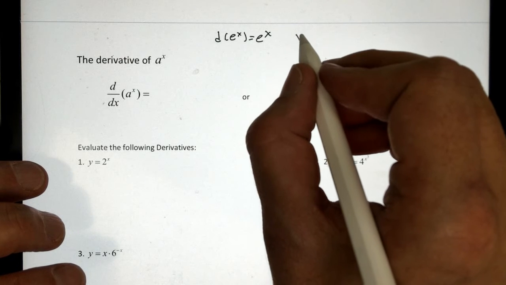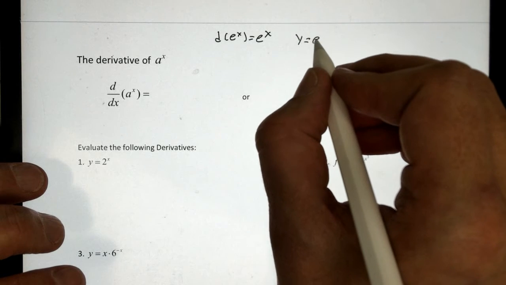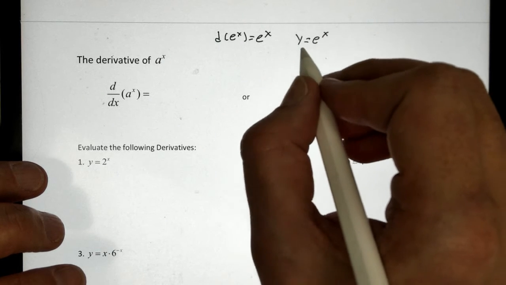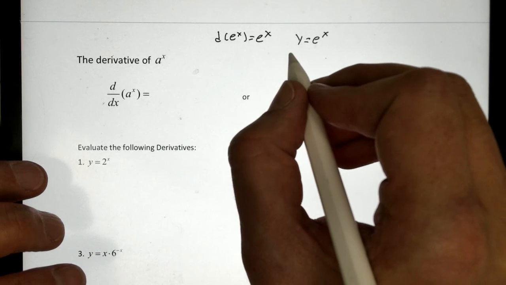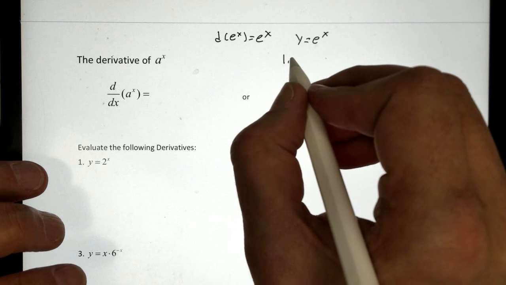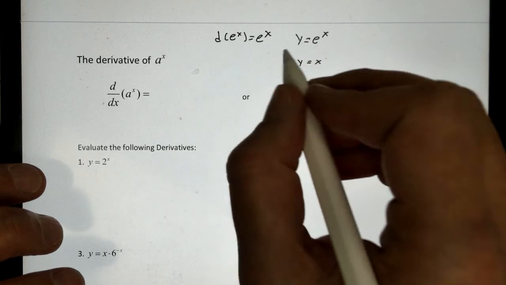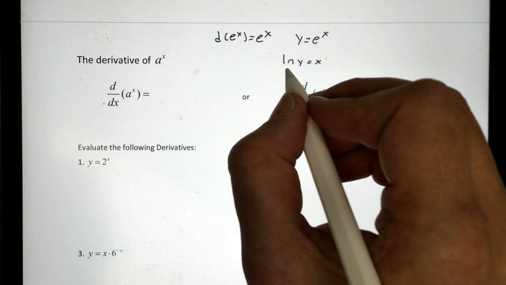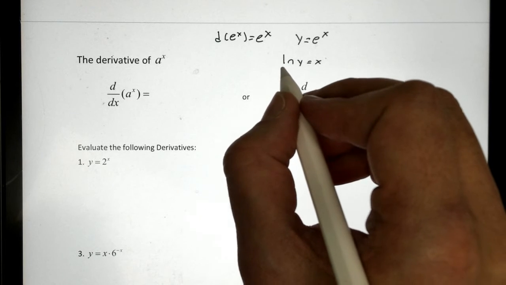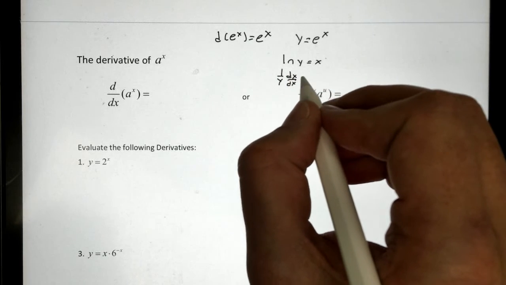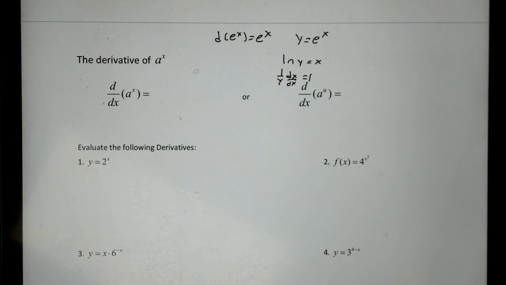Let's say y is equal to e to the x. If I want to take the derivative of this, I can use my inverse properties. This is saying that the natural log of y is equal to x. When I now take the derivative, be careful, the derivative of ln y we know is 1 over y dy dx, and that's going to equal 1.